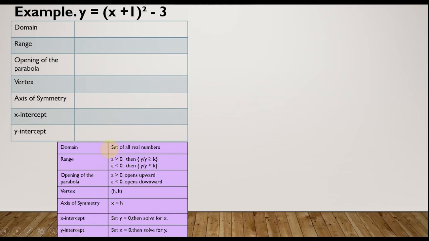To start, the domain of a quadratic function is the set of all real numbers. So therefore, all you have to write here on domain is set of all real numbers.